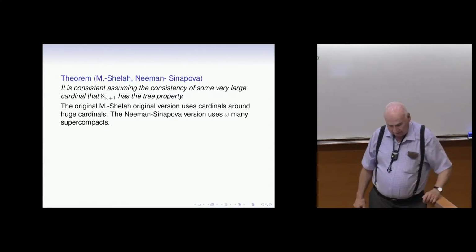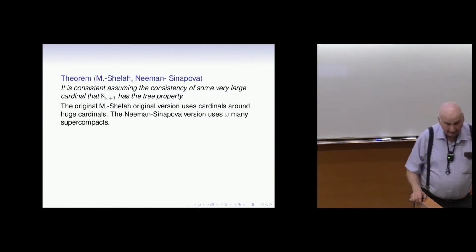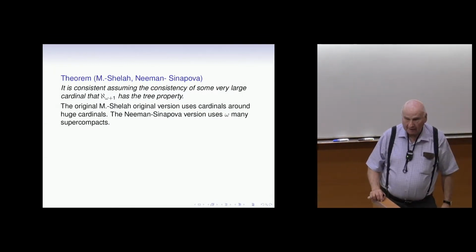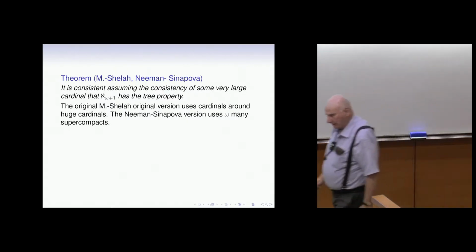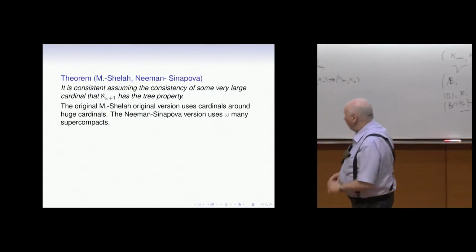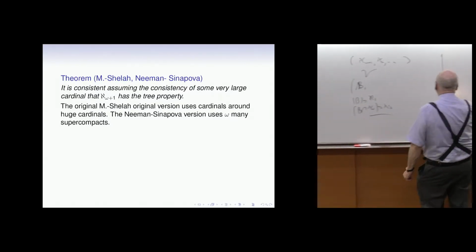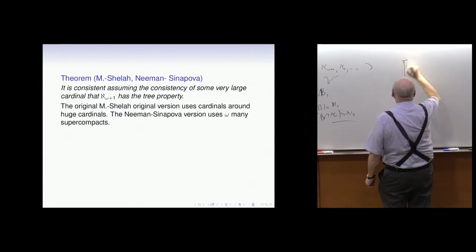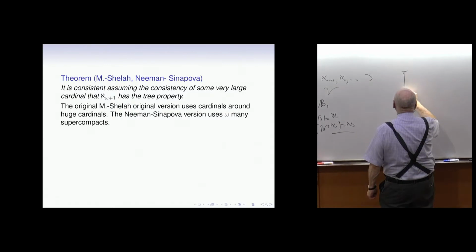The Neyman and Sinapova version uses only omega many supercompacts. And by the way, the construction of the model is amazingly simple, and there is a very interesting feature there. Here is the omega sequence of the supercompacts, the kappa n's.